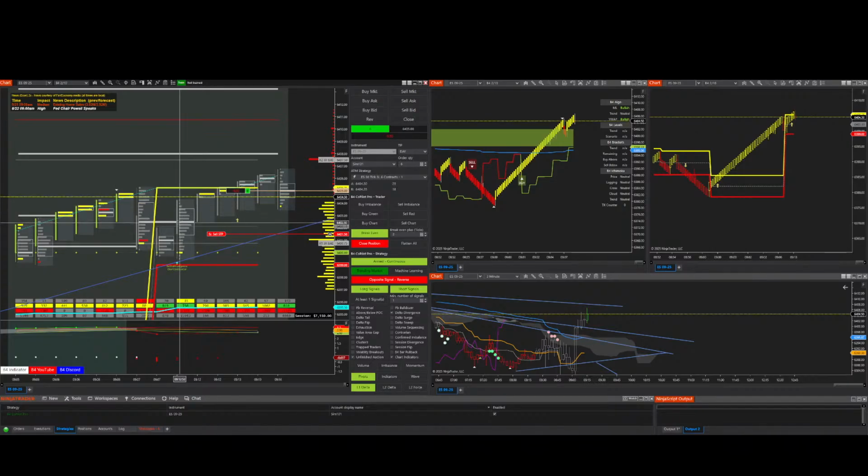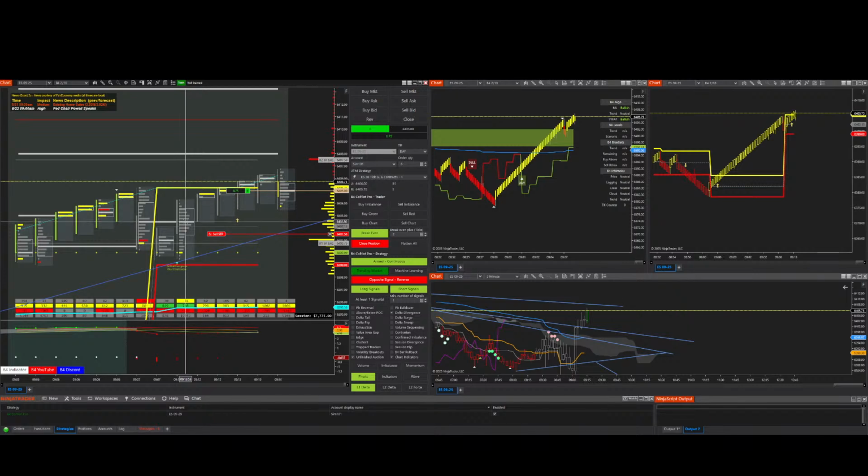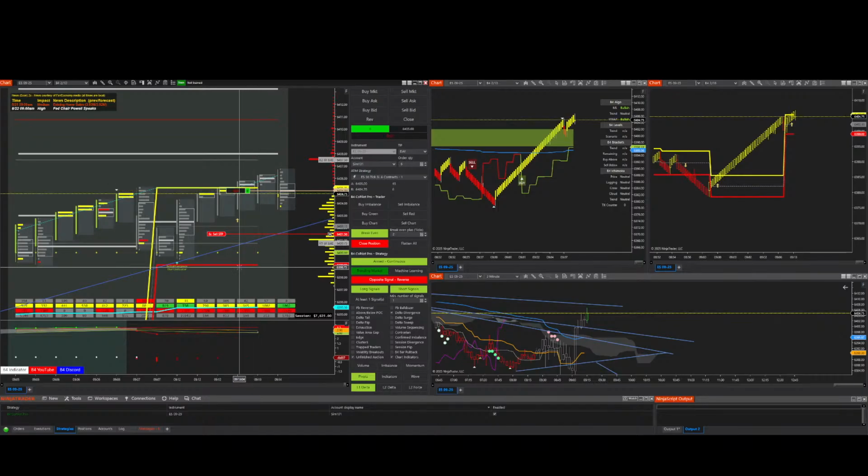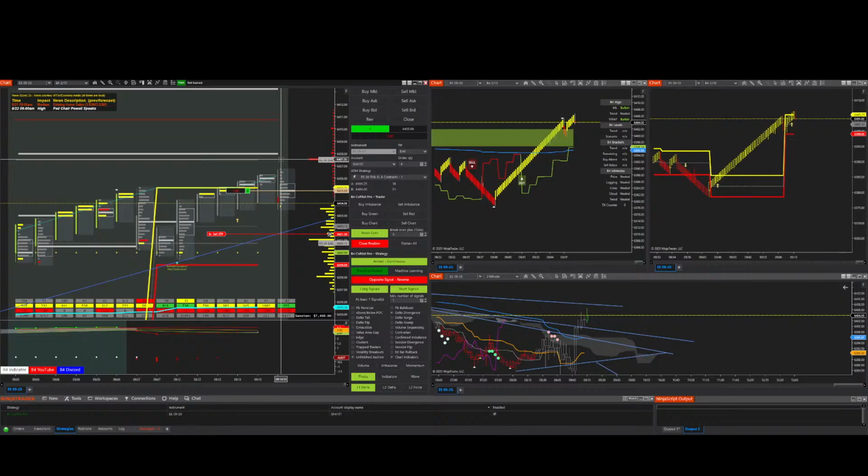Let's see if we get below this right here, it's going to go back bearish. So I'll guard below here, below the value area, right at the value area of this candle here. If we break below that, we're going to go bearish. That'd be my expectation. If we push up, that's probably going to be our resistance area.